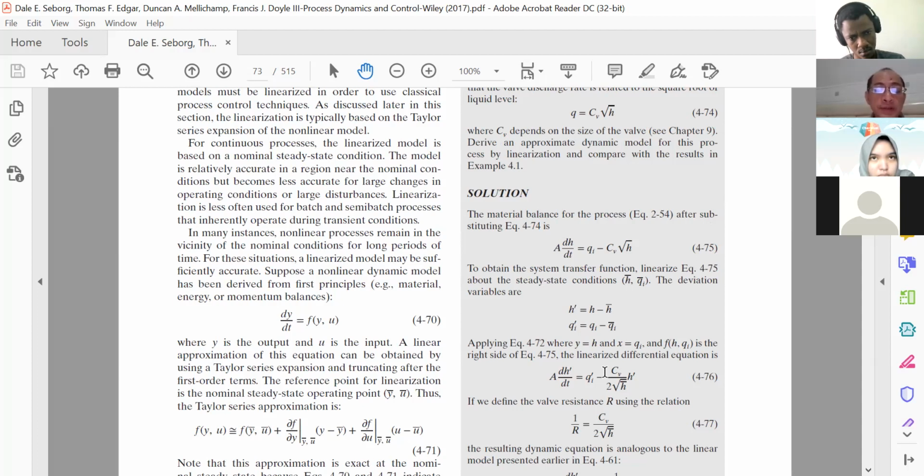Any questions? So what you have to do from equation 4.75: you write A dH/dt equal to Qi minus Cv square root of H. You change this Cv square root of H according to this equation.